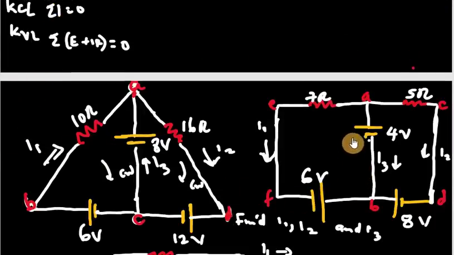For this problem, we can have two loops too. You have A, B, C, D is a loop. You have A, B, F, E is a loop. So we are expected to find the values of I1, I2, and I3.